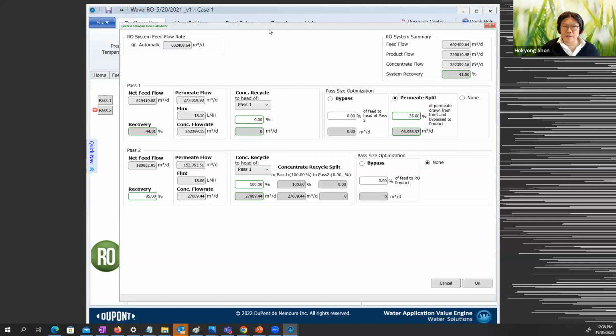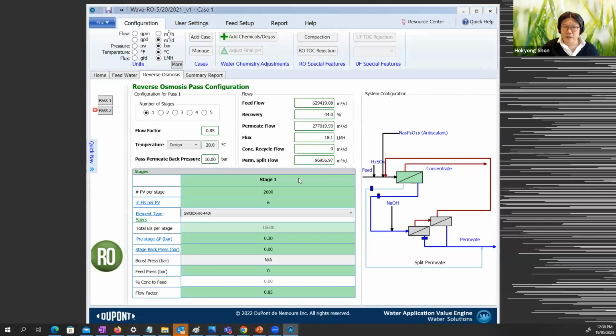So what happened is that he set up the first element 2,600 to almost 284. So which means his water volume is 3 times lower than this volume, but the pressure vessels per stage is much lower than we expected. If we divide this one by three, let's say 800 something, his first pressure vessels per stage should have been around 800 something, roughly.